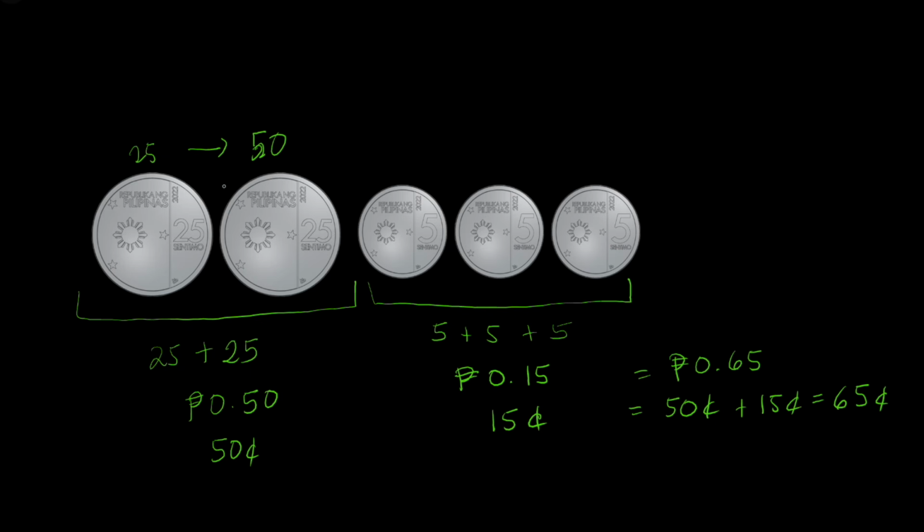So 25, 50, then skip count by 5. That would be 55. Another 5, that would be 60. And then skip count again by 5, that would be 65. So therefore, this would be 65 centavos, or in peso symbol, we have this.